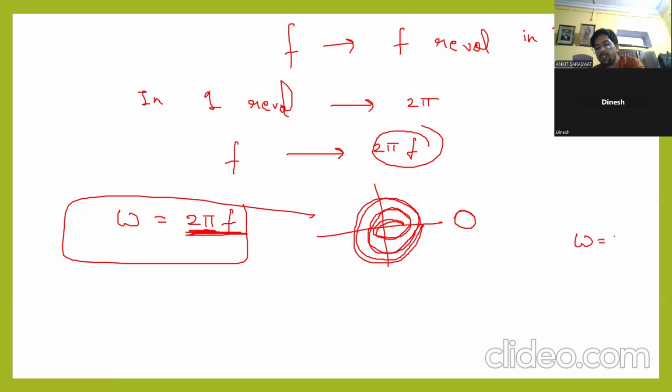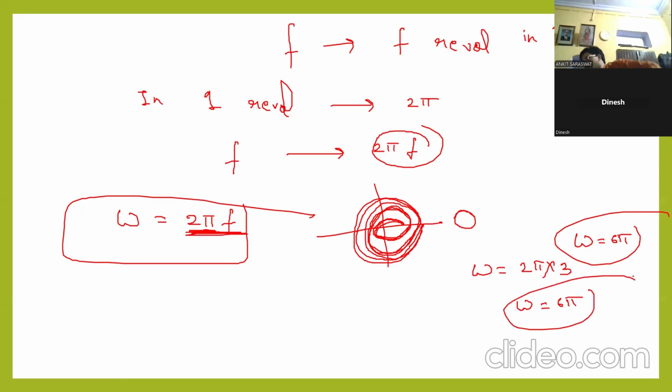Then 6 pi is omega. How many revolutions? 1, 2, 3. Frequency is 3. Omega will be 6 pi, like this also.